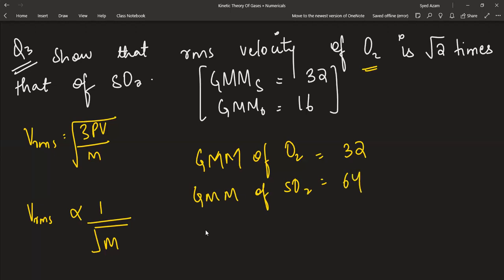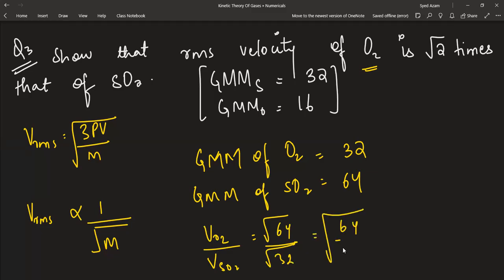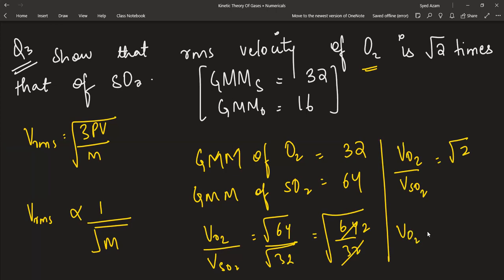So when we are talking about the velocity of O2 by the velocity of SO2, they'll be inversely proportional. SO2's mass will go here, root 64, and O2's will come here, root 32. This will be root of 64 by 32. This becomes root 2. So we can see from here that VO2 by VSO2 is equal to root 2. We had to prove that the RMS velocity of O2 is root 2 times the RMS velocity of SO2. So this is proved.